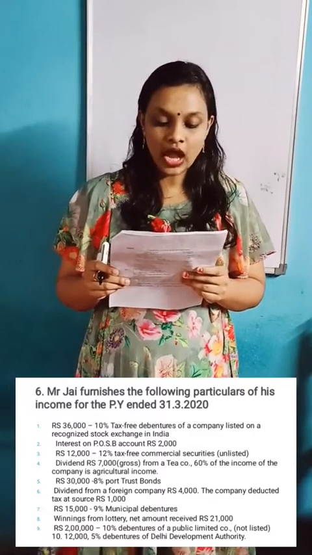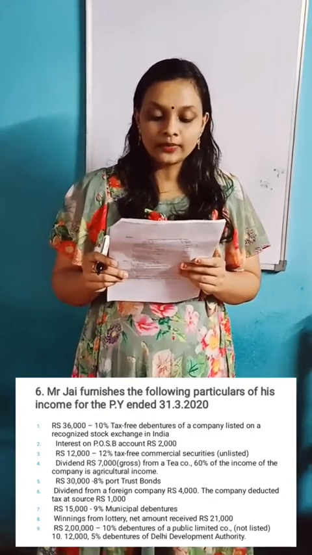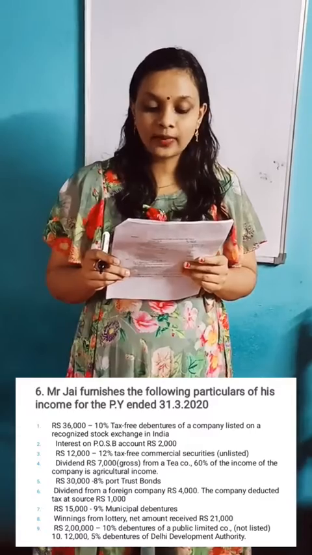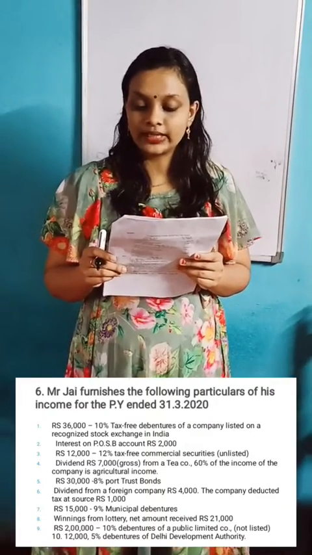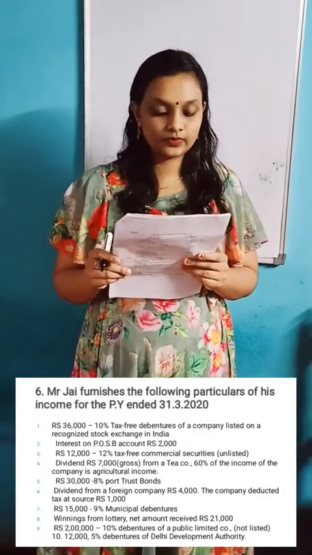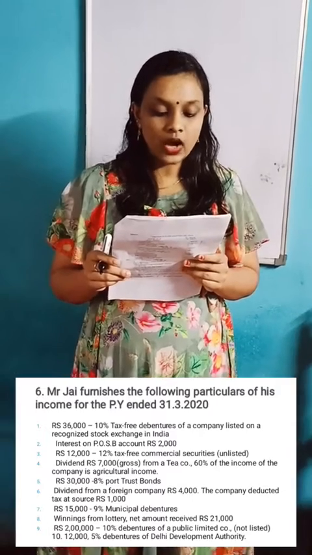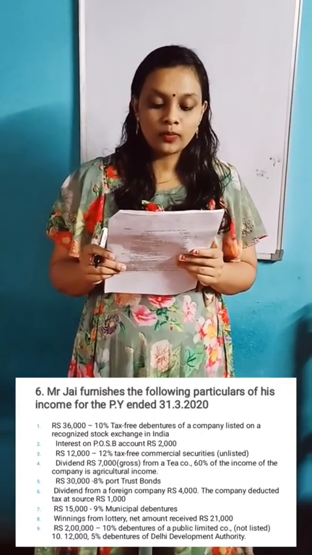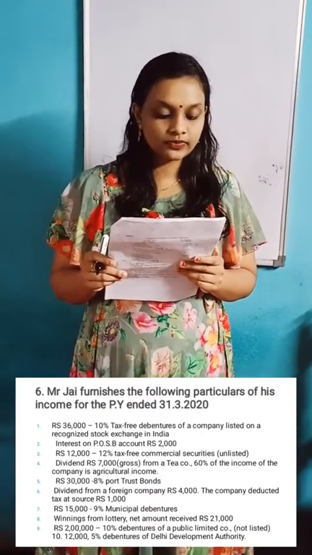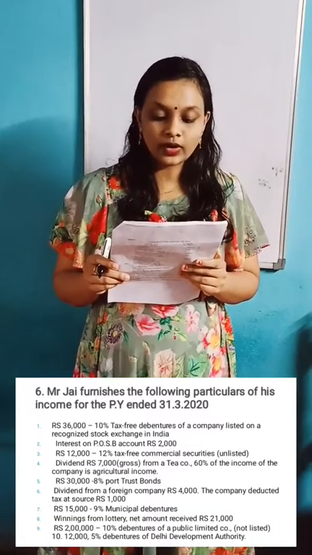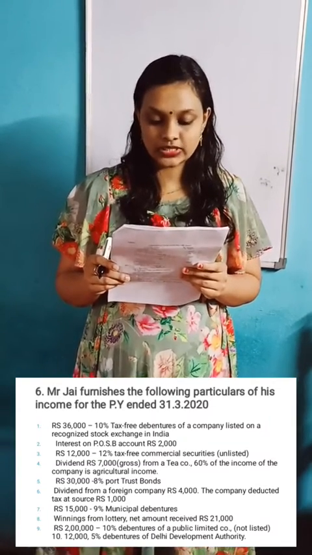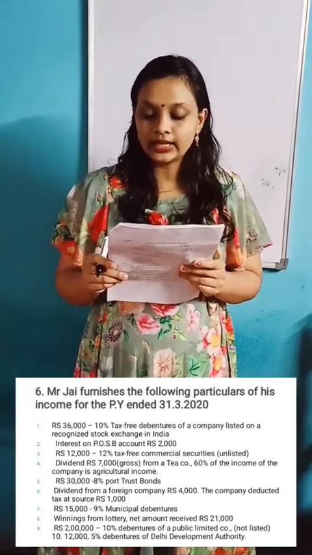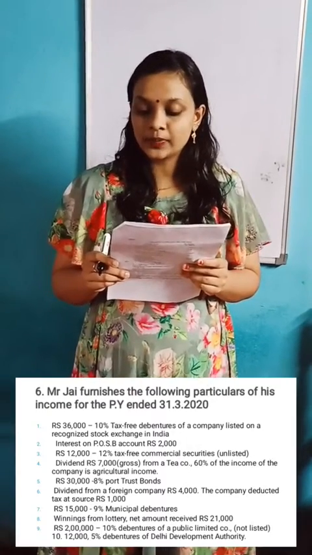Dividend rupees 7,000 gross from a tea company, 60% of income of the company is agricultural income. Rupees 30,000, 8% port trust bonds. Dividend from a foreign company rupees 4,000. The company deducted tax at source rupees 1,000.